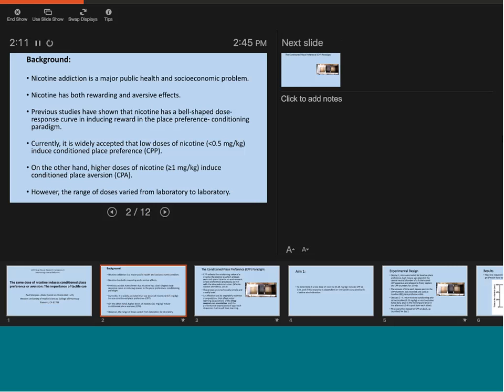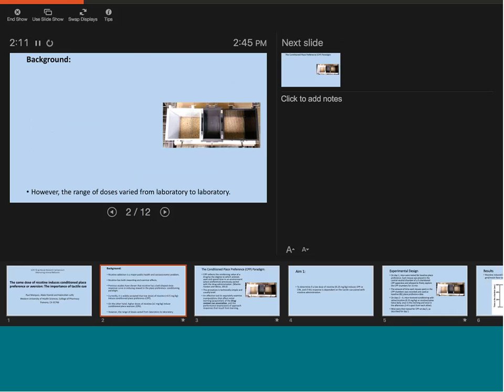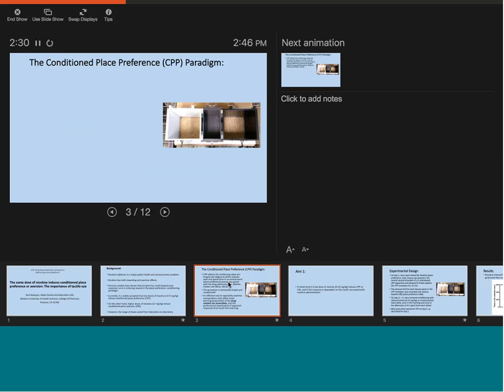So what is this CPP paradigm for those that do not know? Basically, you have an arena comprised of a tactile cue, an environment that is different from the additional part here. In this case, there's a rod-shaped or bar-shaped tactile floor, and the other has a grid-like pattern.